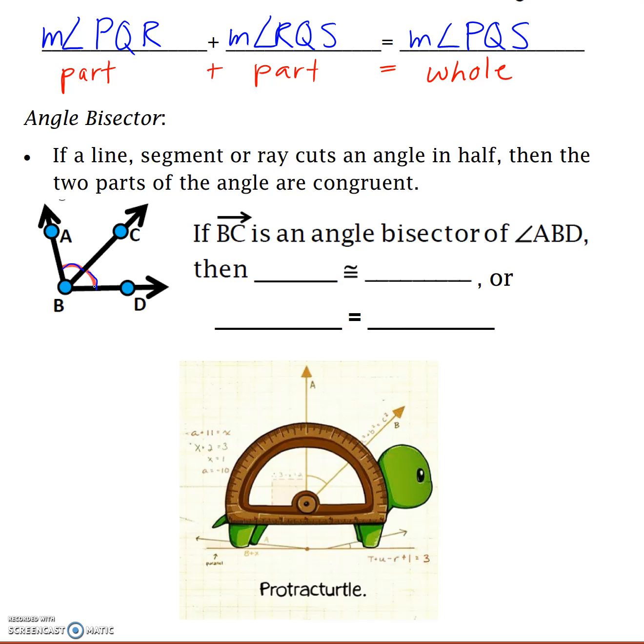So we can write that. If BC is an angle bisector of angle ABD, then angle ABC, the angle on the left, is congruent to angle CBD, or the measure of angle ABC equals the measure of angle CBD.